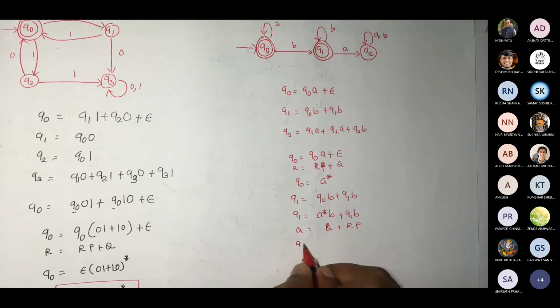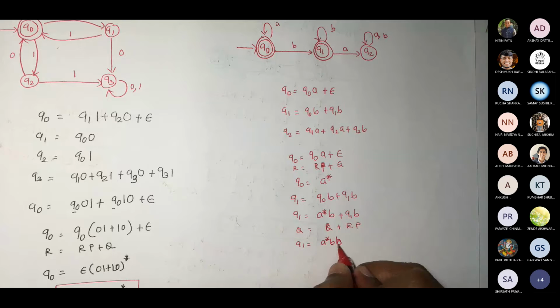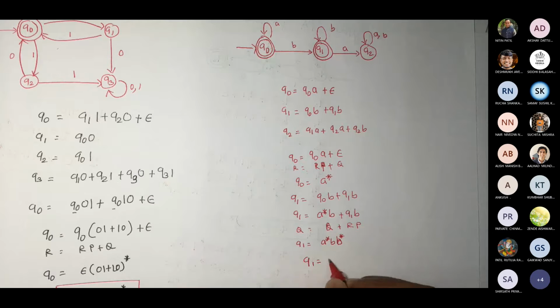So what will I get? Q1 equal to A star B B star. Is that fine? Q1 equal to A star B B star.